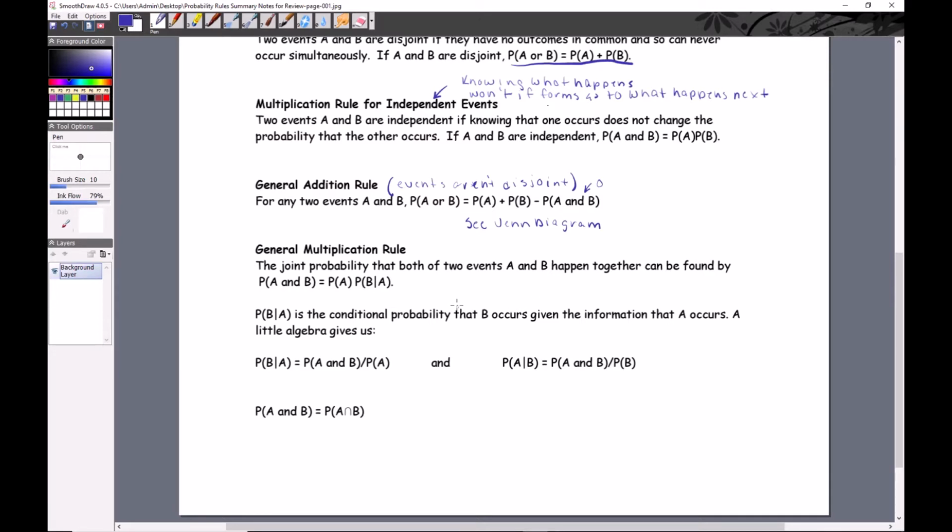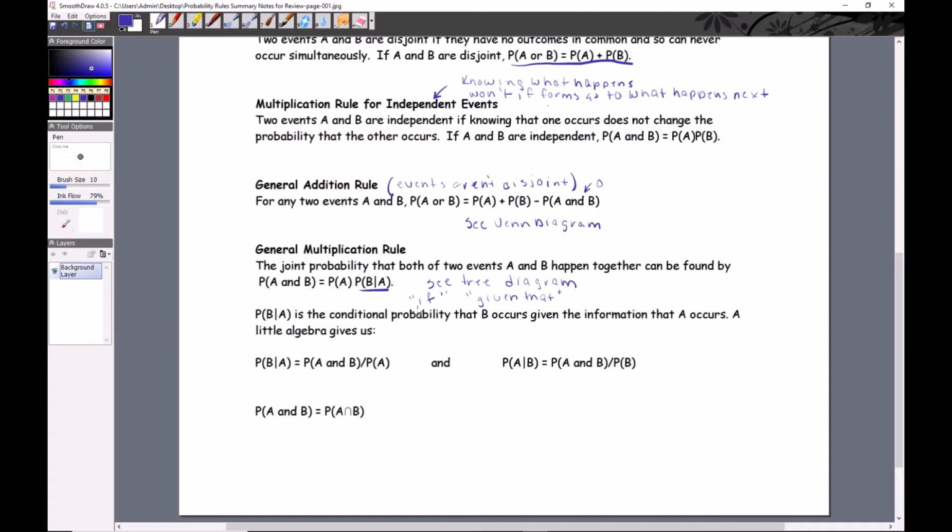All right, for your general multiplication rule, that's whenever events A and B aren't necessarily independent. And we're going to see this in a tree diagram, which is going to come up later too. All right, and you're going to know if you have this term here, which is a conditional term, B given that A occurred, when you get the words if, when you get the phrase given that, and there are some other ones, but those are the two that occur most frequently.